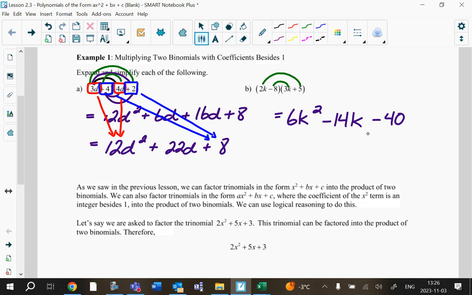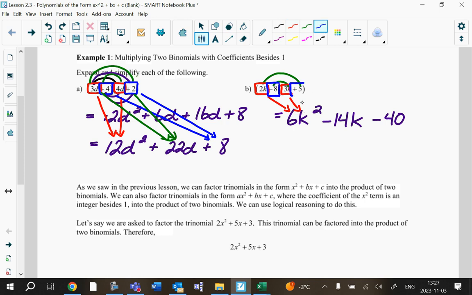Now you don't have to do it that way. The only reason that I'm showing you that is because this is what we're going to pay attention to when we factor. So notice, again, when we multiply these two, it gives us the first term of the answer.